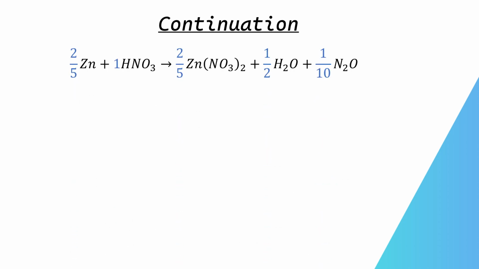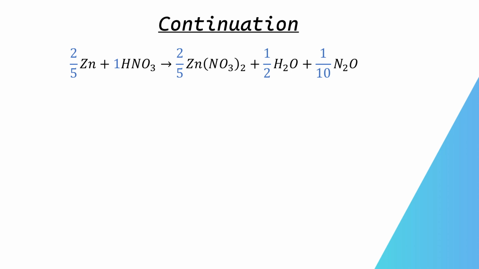So we have 2/5 Zn plus 1 HNO3 going into 2/5 Zn(NO3)2 plus half H2O plus 1/10 N2O. And we clear the fraction. What's the lowest common denominator? That's 10, right? So we multiply through by 10.